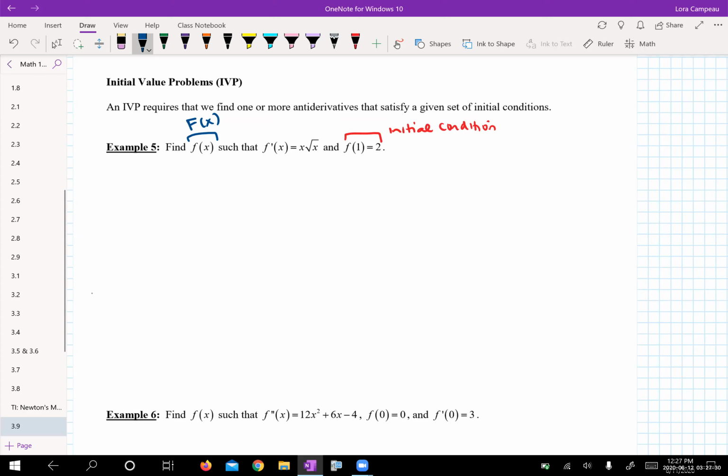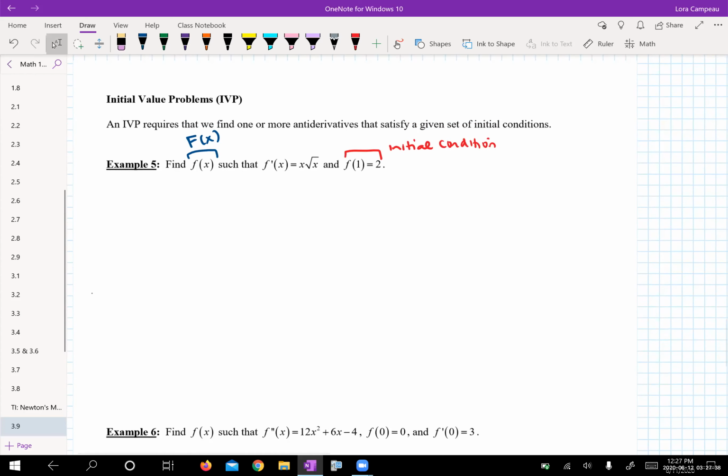After chapter 3, you really stop using this capital F notation. So I'm just going to work it through, dealing with the idea of original function versus derivative of the original function. And that helps us with notation later.